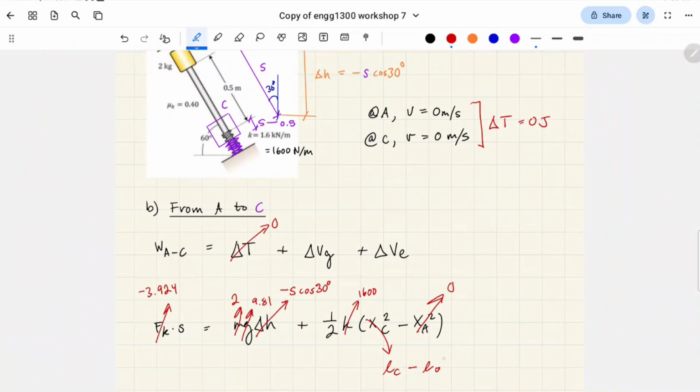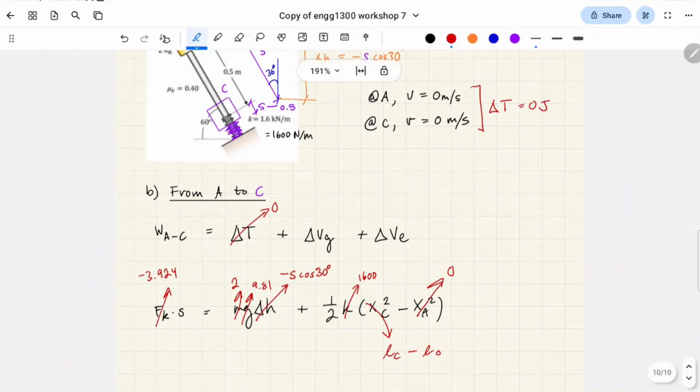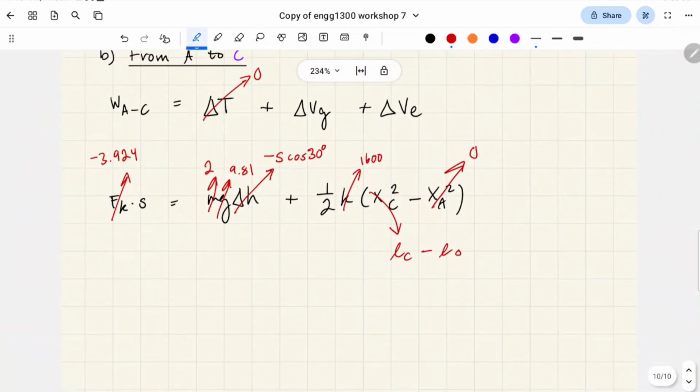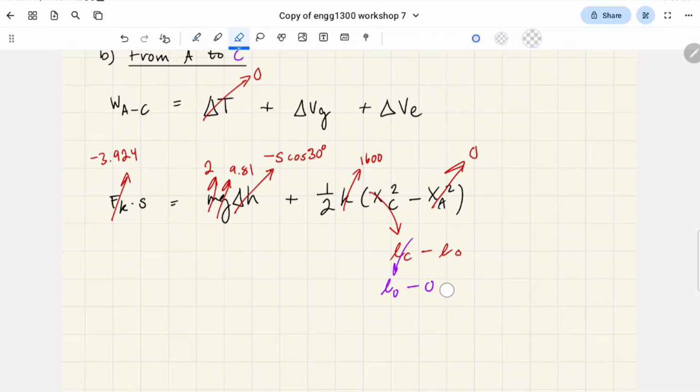Okay, my bad. If you do it this way, we're going to have the same problem as we did in question 1, which was that we don't know L0. But we do know that this one is the original minus, whatever, max compression pretty much.